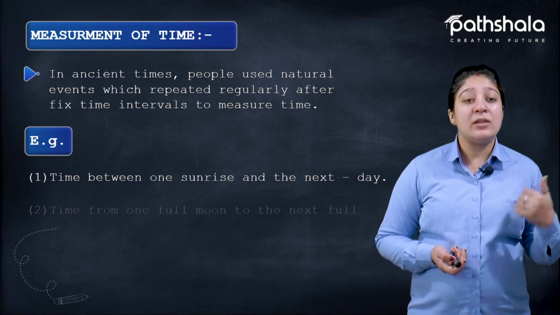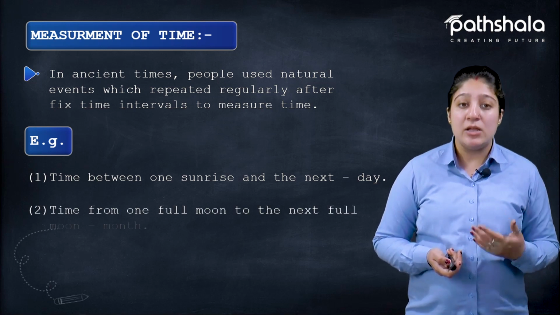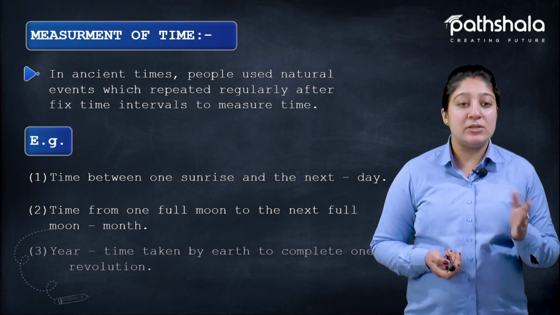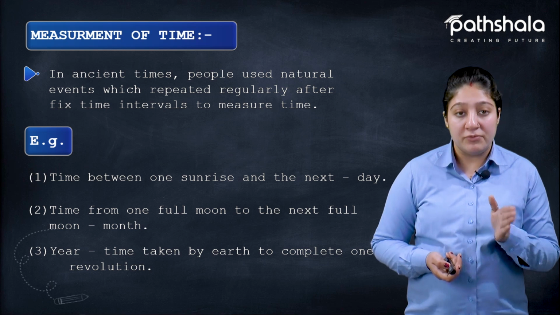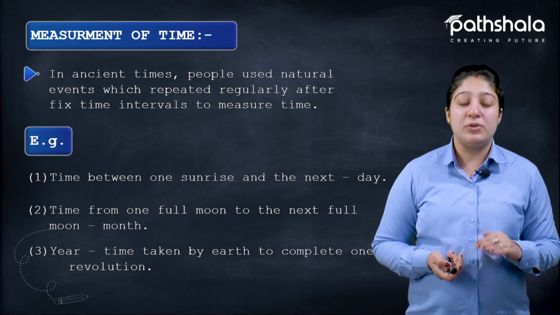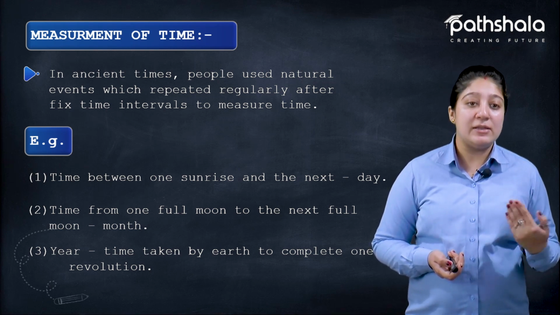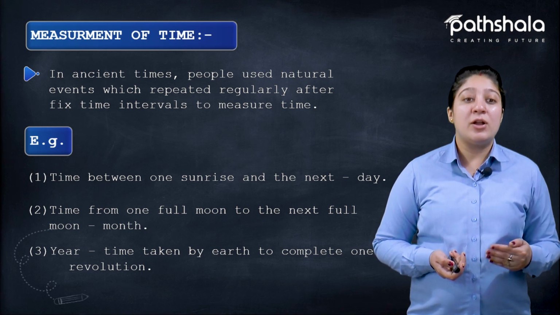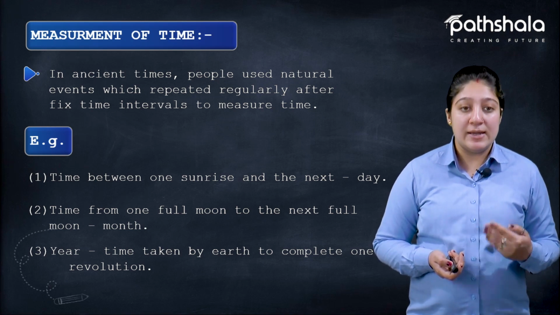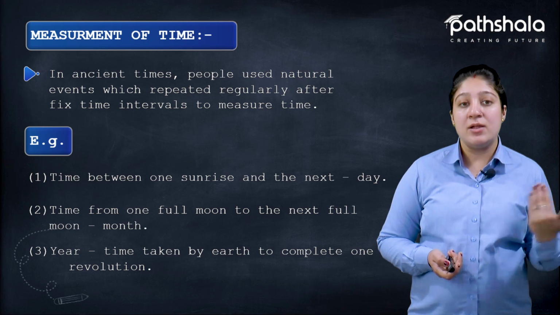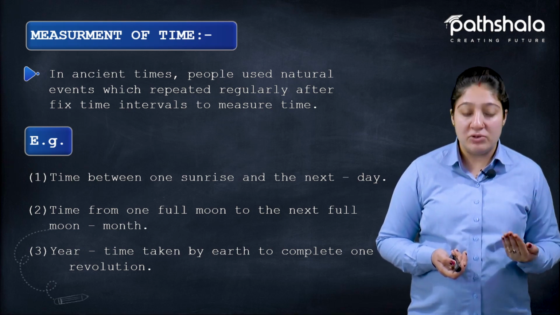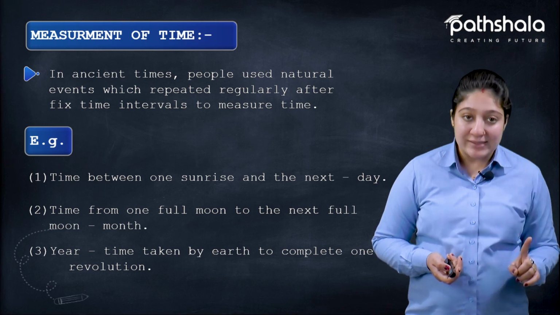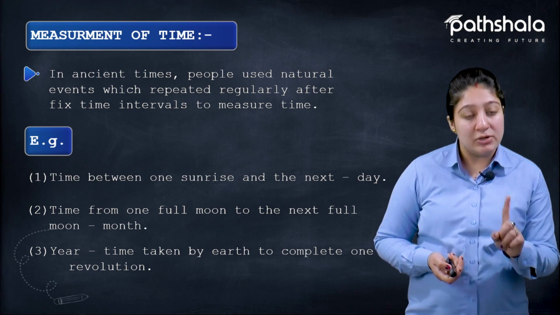But if they needed to calculate how much of a month has passed, they would see the time from one full moon to the next full moon. So that is how they calculated the month. For the year, they noticed the time taken by the earth to complete one revolution, that is from one summer to the next summer.